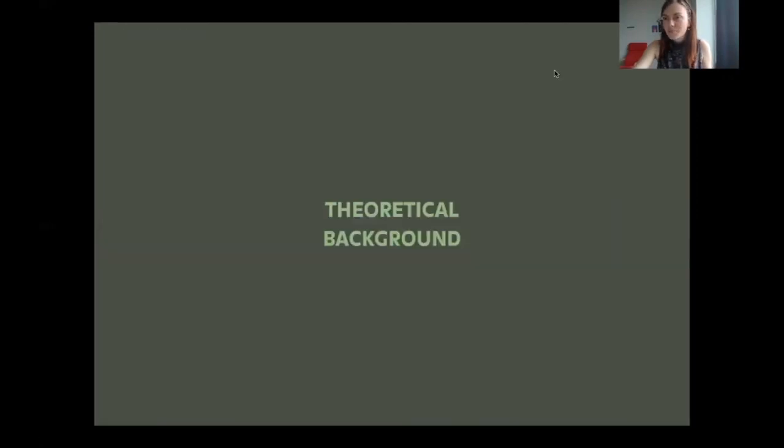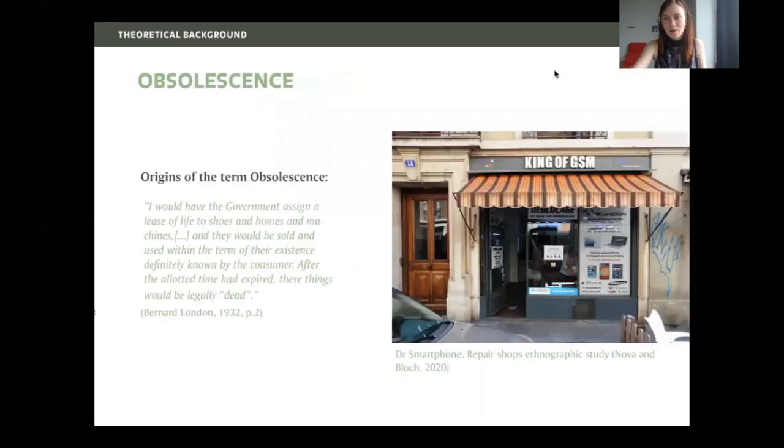I'm going to now present a bit of my theoretical background. What is interesting with the word obsolescence is the origins of the term, because the word itself was invented by Bernard London in the context of the Great Depression, where he proposes obsolescence as a solution, actually, to provoke economic growth.